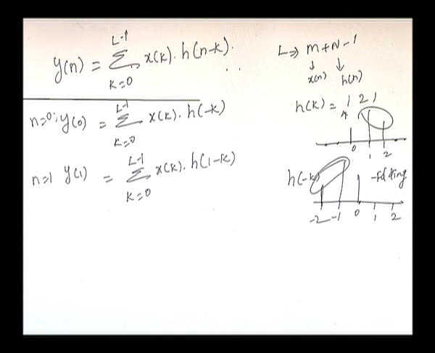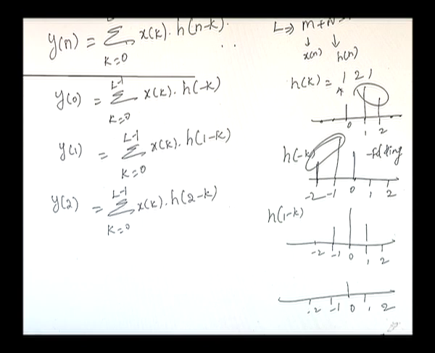Now the original signal x of k should be multiplied with h of 1 minus k. How to generate h of 1 minus k? You just delay the signal by 1, over minus 2, minus 1, 0, 1, 2, right. So, here the magnitude value is 1, at 0 the magnitude value is 2, for 1 the magnitude value is 1.